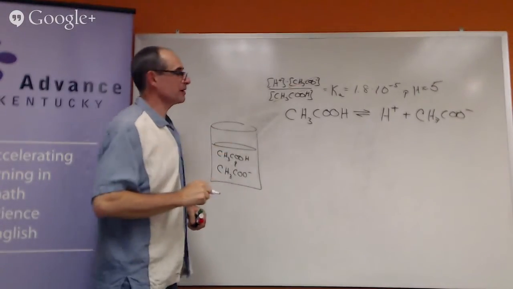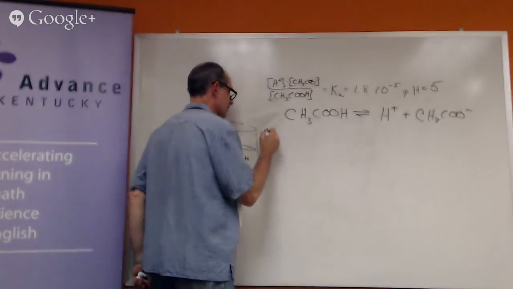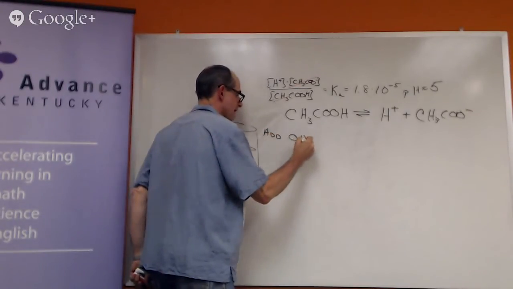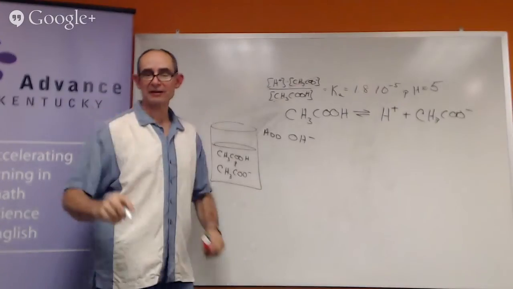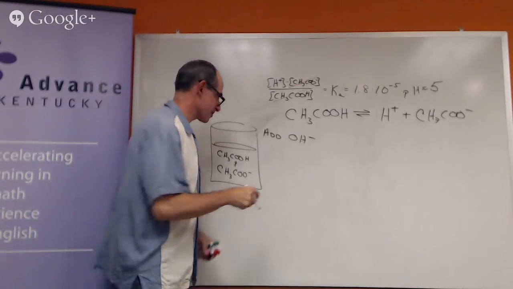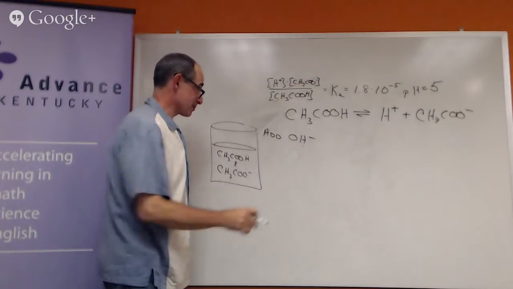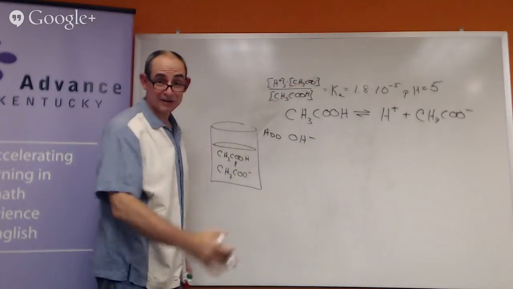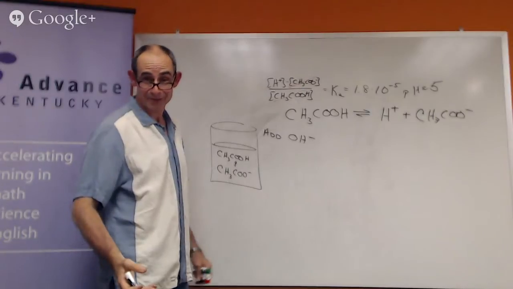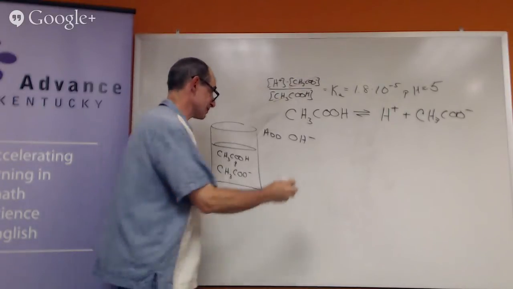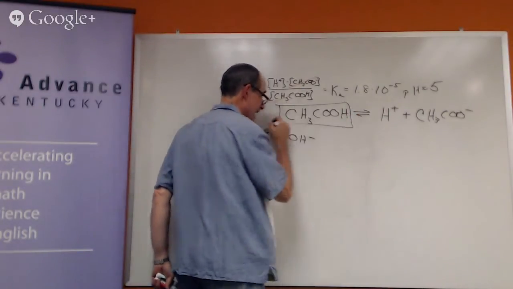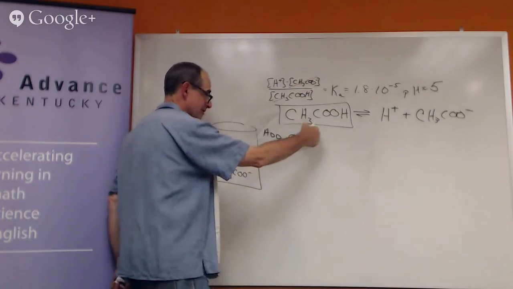What happens now if we add a small amount of sodium hydroxide? And the sodium ion, most of you, I think, guessed by now that is a spectator ion, so it's the hydroxide part that I'm really working with. And this is a strong base, and strong bases do what strong bases do, and they react with acids if there's an acid present. And we've got the weak acid, acetic acid right here.